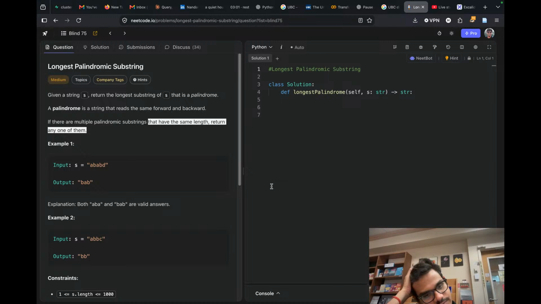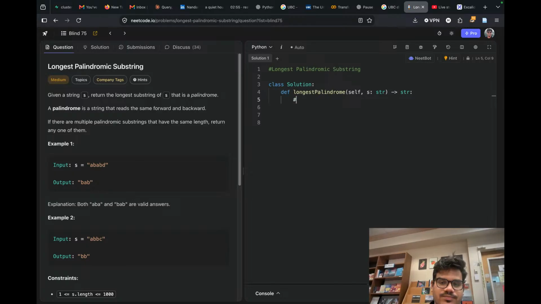So I think in this question, one of the concepts is, if you see clearly, we have the s, that is a string. So what if we reverse the string? Let's say we have a string that is reversed, something like this.